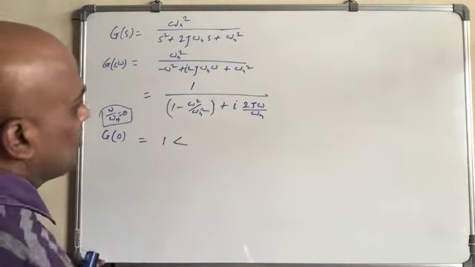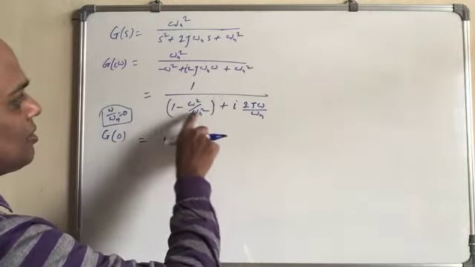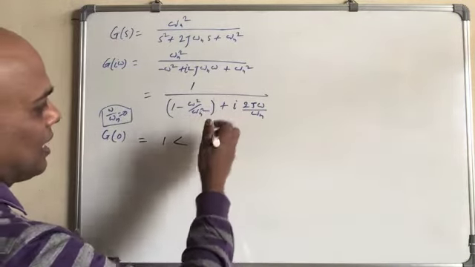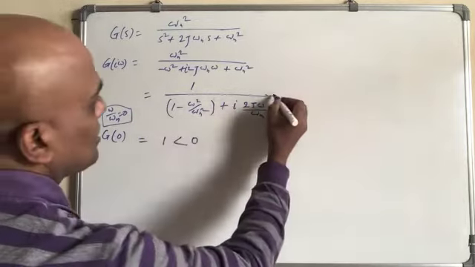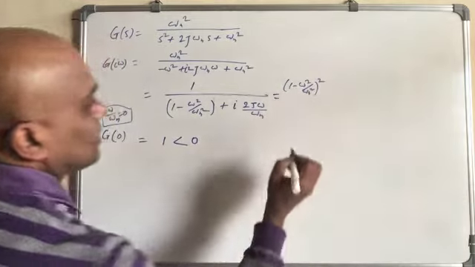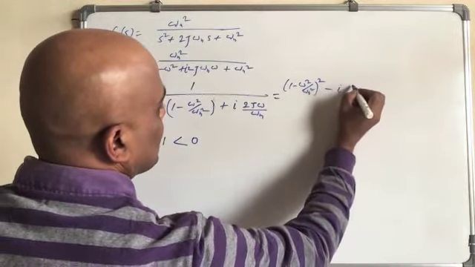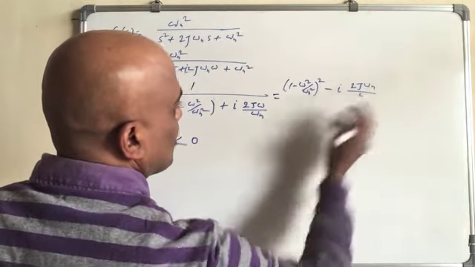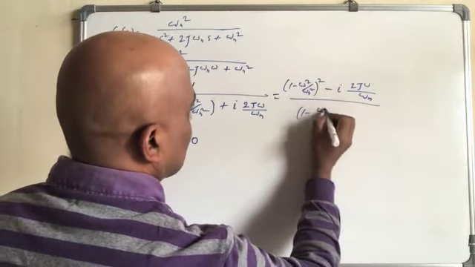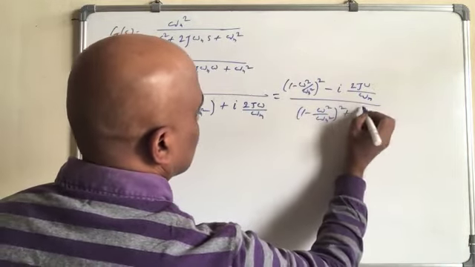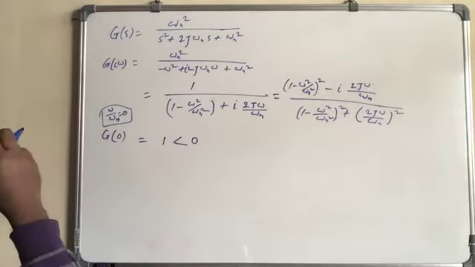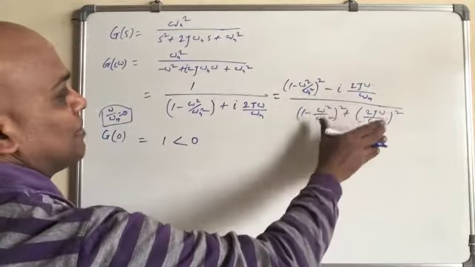And the angle is also 0. Why 0? Because this is equal to, we can also write, 1 minus omega square over omega n square, plus minus i 2 zeta omega over omega n, divided by 1 minus omega square over omega n square whole square plus 2 zeta omega over omega n whole square.